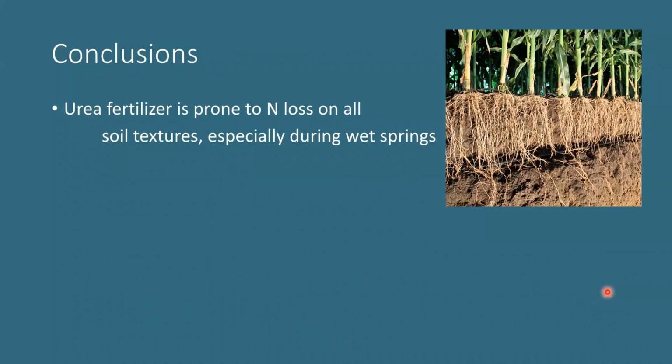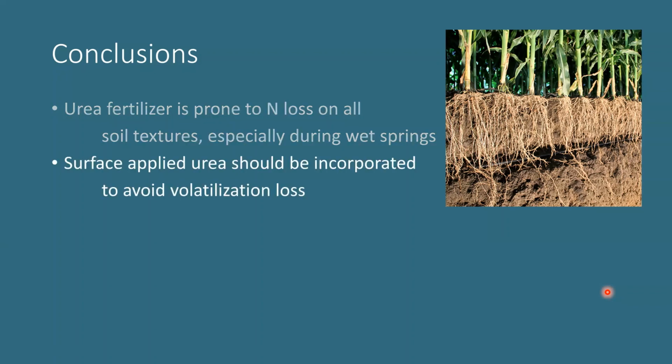So in conclusion, based on this study, urea fertilizer is prone to nitrogen loss on all soil textures, more especially on coarse textured soils, but just as we saw in Wasika, it was moving down rapidly. And this is occurring especially in years where we have wet springs. Next, if you're going to apply urea, you need to really make sure that you incorporate it soon after applying it.